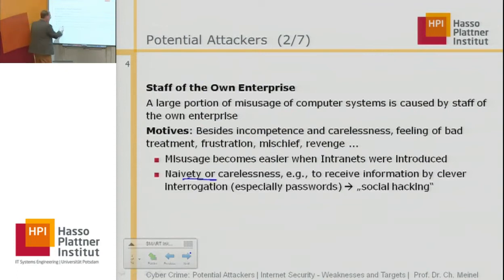What is important if we speak about security incidents, and a very important factor, is the human factor: people are naive or careless. For example, a person calls and says, "Oh, we are the administrator and we need to repair your computer. What is your password?" And then the people tell the password. This activity is called social hacking.